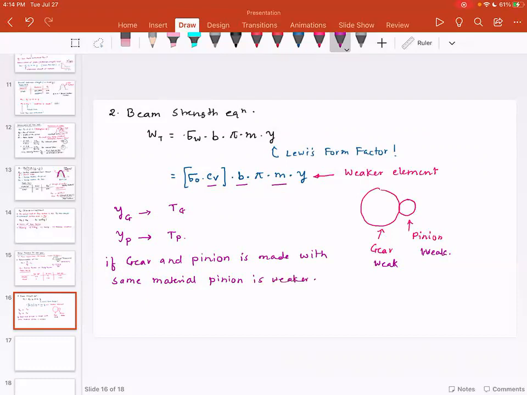So if gear and pinion are made of the same material, pinion is weaker.